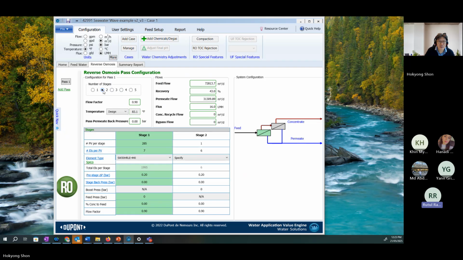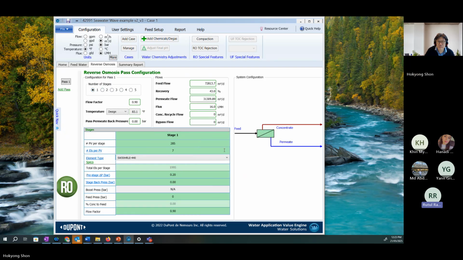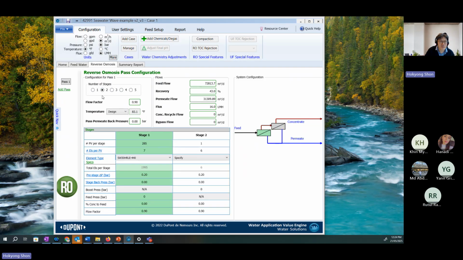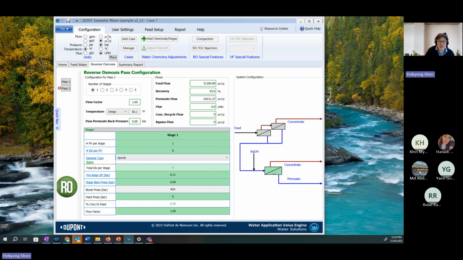What I did was I put two stages in one pass and one stage in another pass. Is it an ideal one? I think I like to have two stage, two pass. Yes, this way.